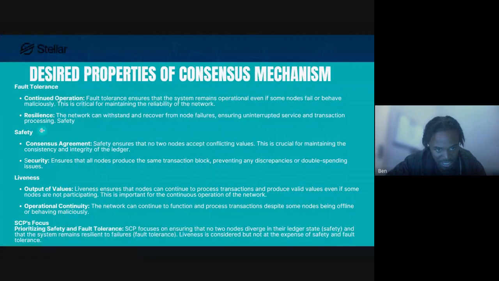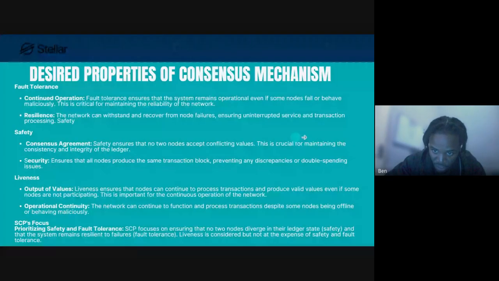And also resilience. The network can withstand and recover from node failures, ensuring uninterrupted service and transaction processing. Another desired property is safety. Safety in consensus agreement: safety ensures that no two nodes accept conflicting values.